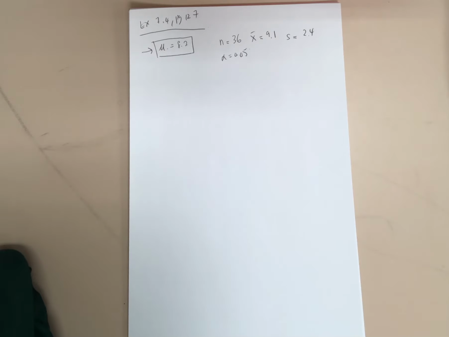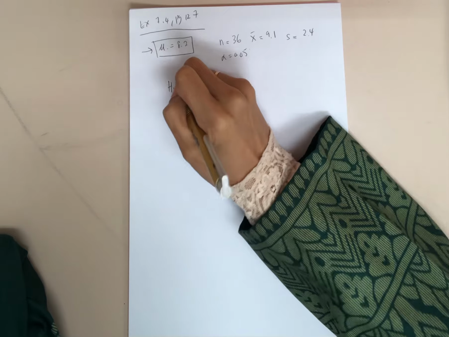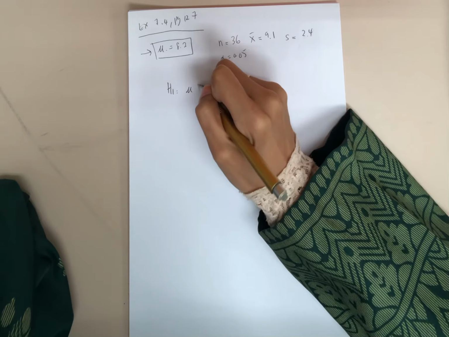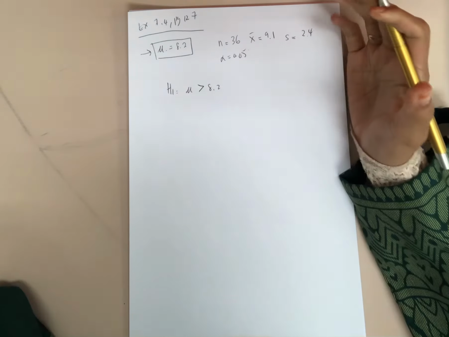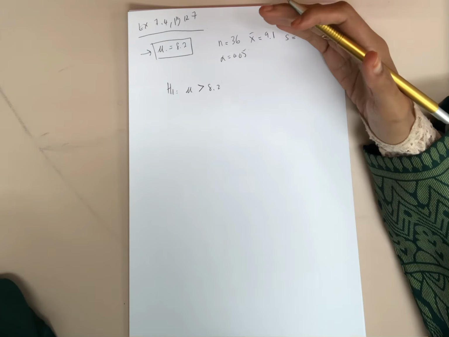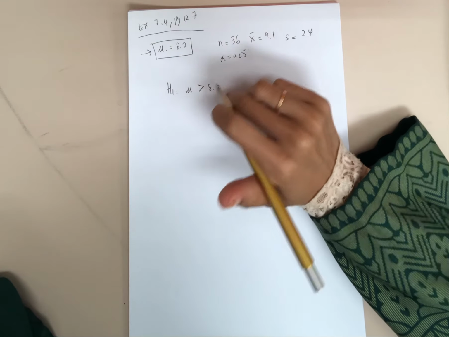This sentence shows that H1, because it's just larger, without any equality sign. Larger means only larger, not included. So this is your H1.